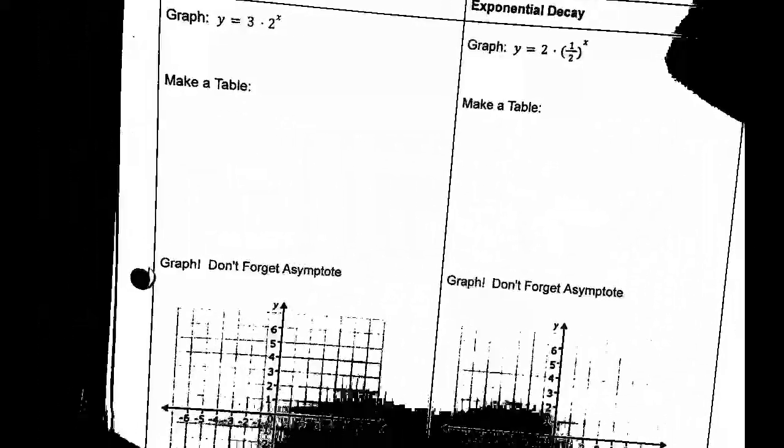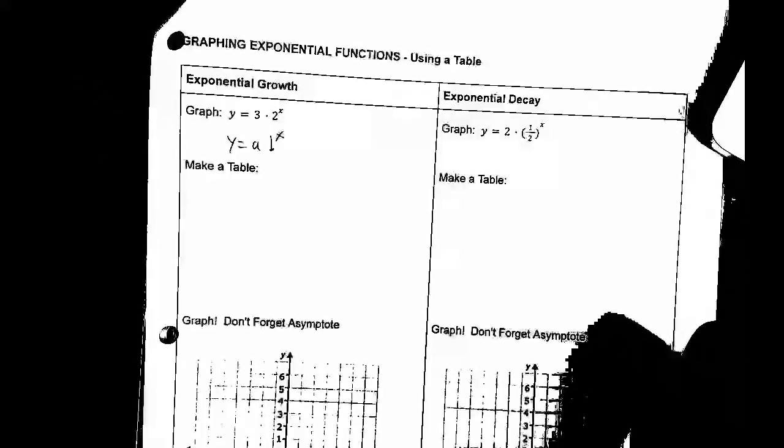Okay. All right, last page, graphing exponentials. Okay, so graphing exponentials, we have y equals a times b to the x, where a is sort of the y-intercept and b is the growth factor, or the decay factor.